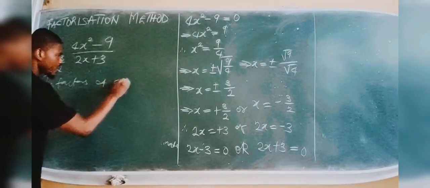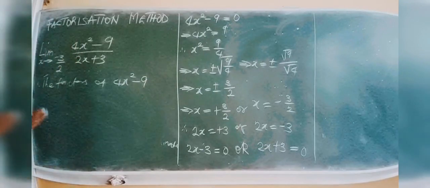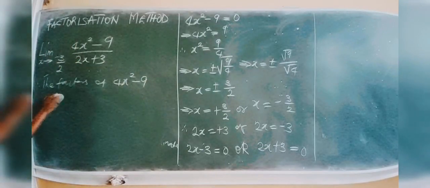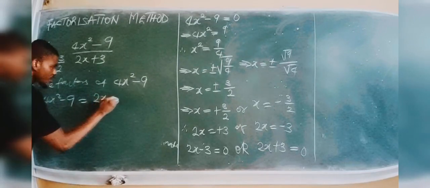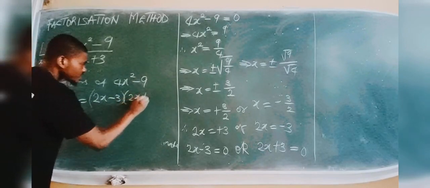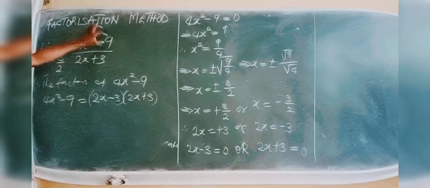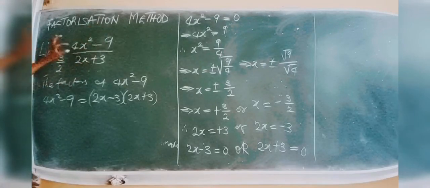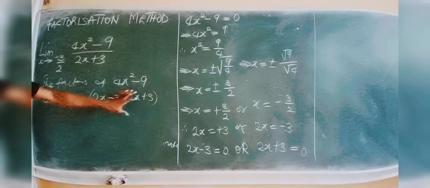Therefore, 4x squared minus 9 is equal to 2x minus 3 multiplied by 2x plus 3. This becomes the factor of 4x squared minus 9. Now you can substitute in place of this expression the whole of this.